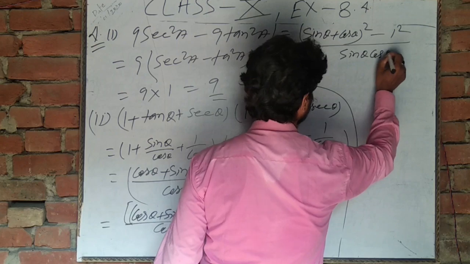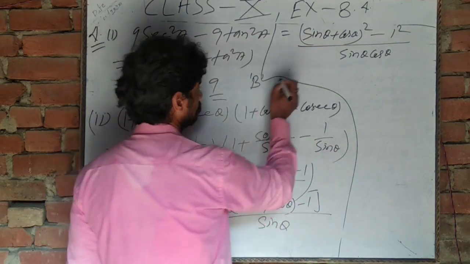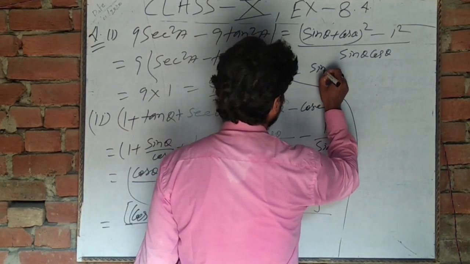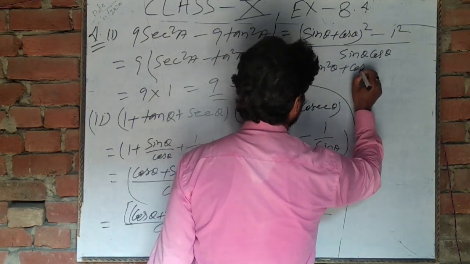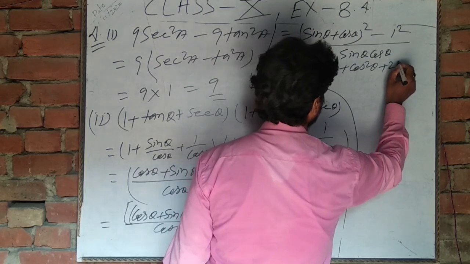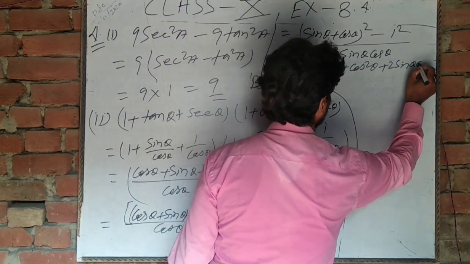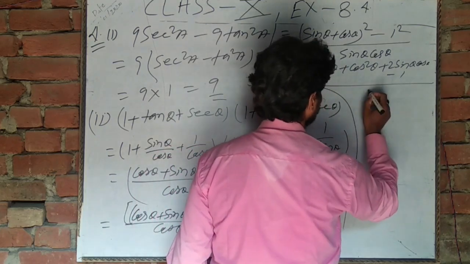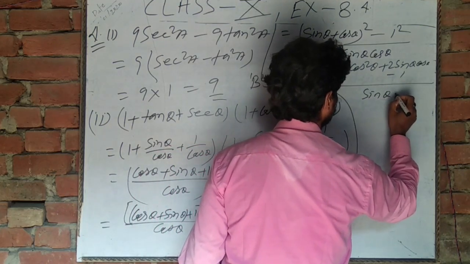Sin theta plus cos theta whole square means sin square theta plus cos square theta plus 2 sin theta cos theta minus 1 by sin theta cos theta.